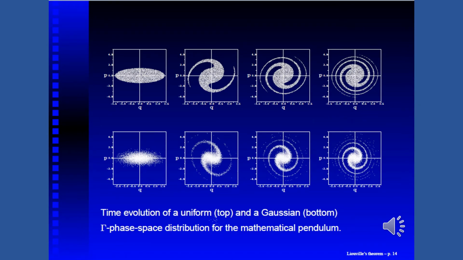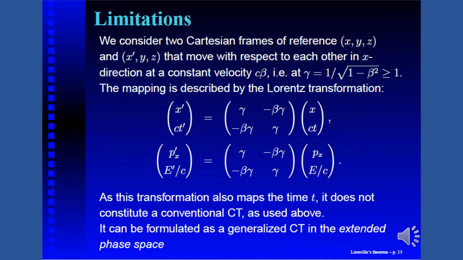Here you can see the pictorial diagram for the evolution under the canonical transformation: above is the uniform evolution in time, and at the bottom is a Gaussian evolution of the phase space distribution for the mathematical pendulum.